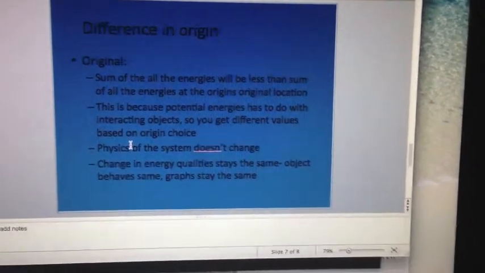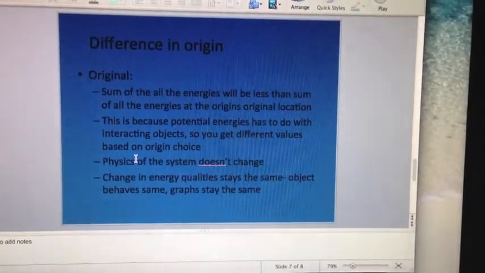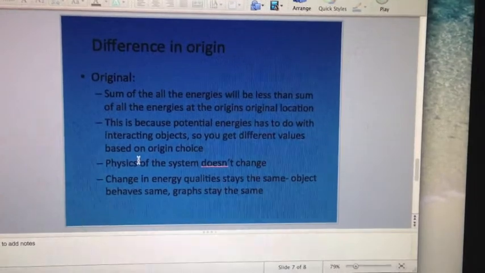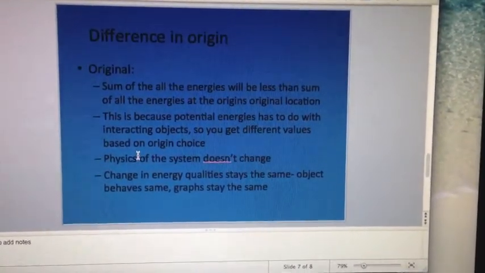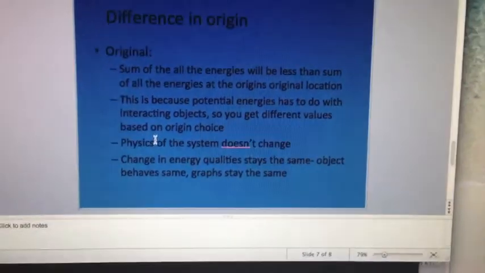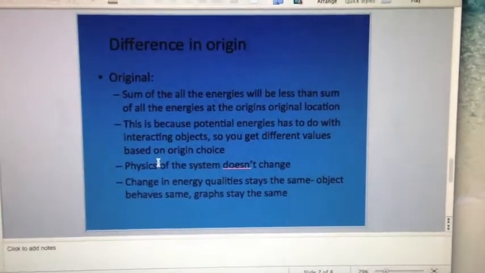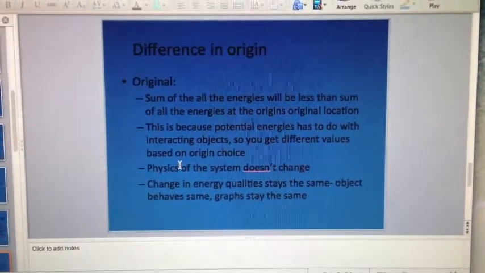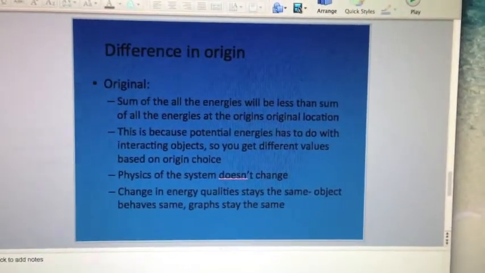This is because the potential energies have to do with interacting objects, so you're going to get different values based on your origin choice. Overall, it shouldn't affect it too much, but we know that the physics of the system isn't going to change, and the change in energy stays the same. The object's going to behave the same way, and our graph is going to stay the same.